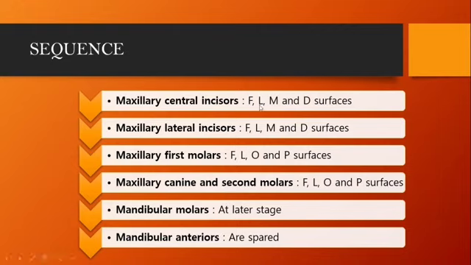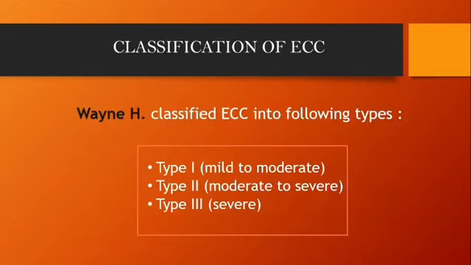In the maxillary central incisors, the facial, lingual, mesial, and distal surfaces are involved. In the molars, the facial, lingual, occlusal, and palatal surfaces are involved. This is the exact sequence in which early childhood caries progresses.